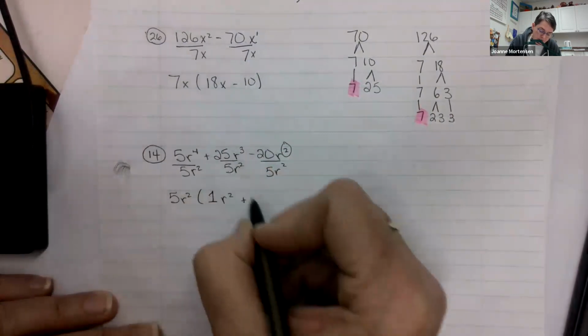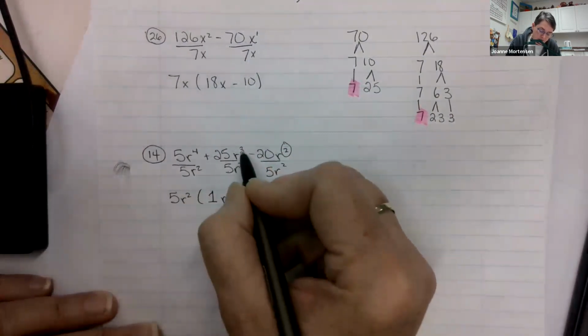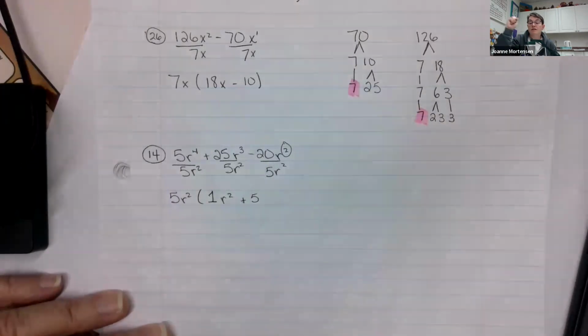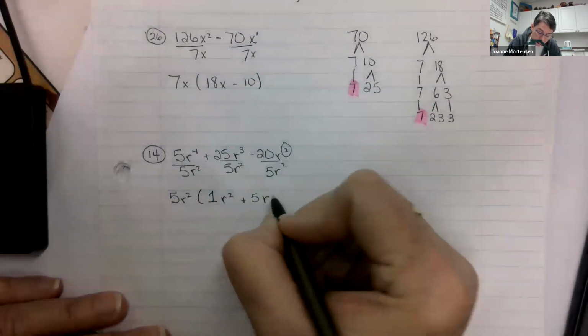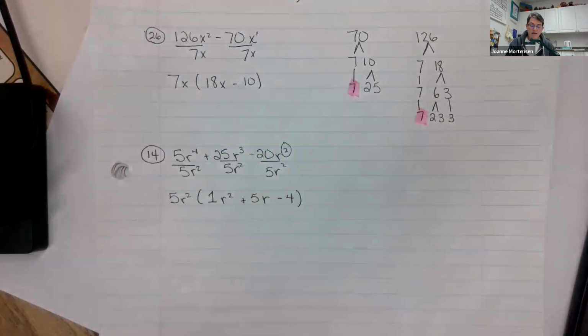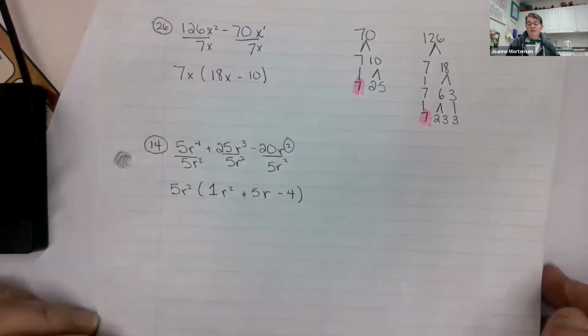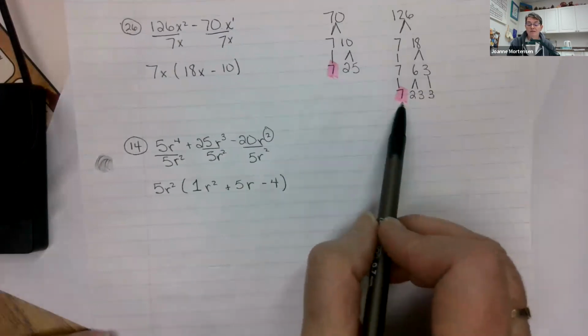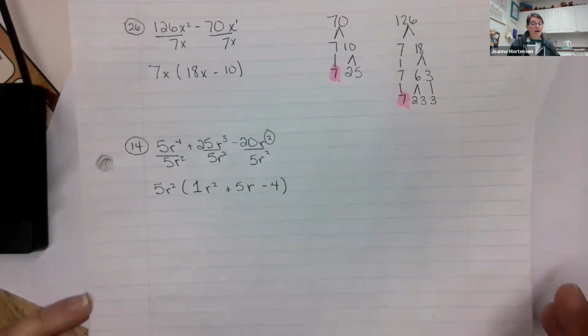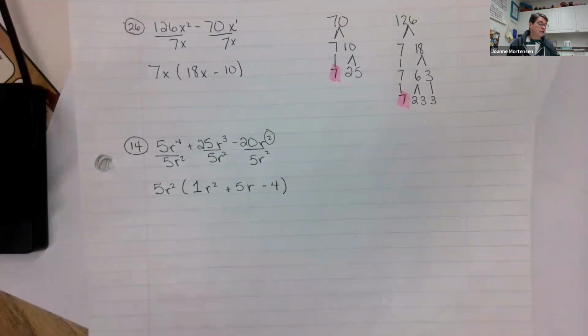Plus 25 divided by 5 is 5. r cubed divided by r squared, 3 minus 2, or imagine 3 r's and 2 r's, 1 left over on the top. And then minus 4. And there we go. So if you know your multiplication tables, or you're willing to do modified treeing, it doesn't take so much room, and it's actually verging on a quick process.